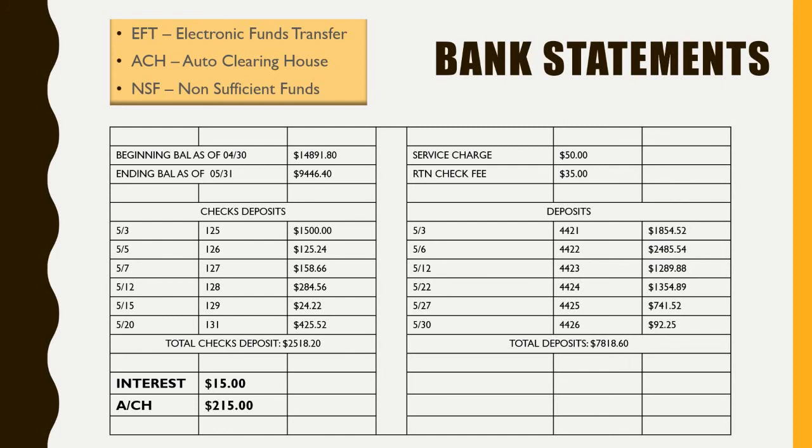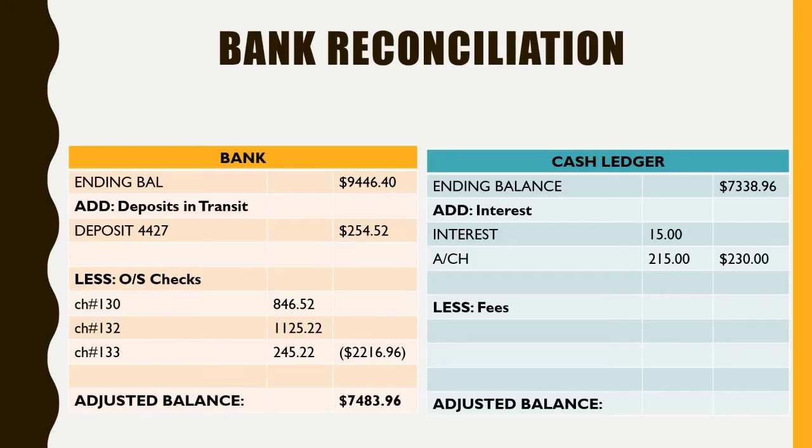And then we talked about automated clearinghouse, right? That happens when other people send you money and then they get charged the convenience fee for that. So here I'm going to add my interest and my automated clearinghouse. In this case, I got $15 worth of interest and I got $215 worth of ACH. So I'm going to list that here, and of course if I add 15 plus 215, that's exactly 230.